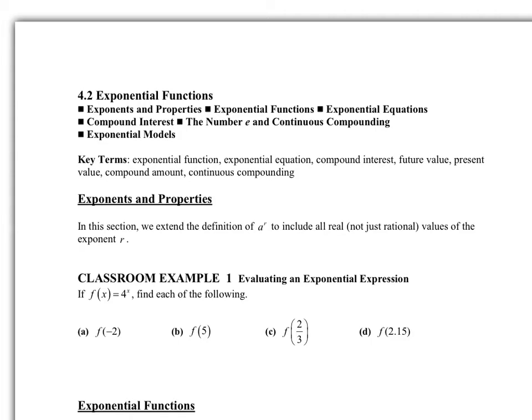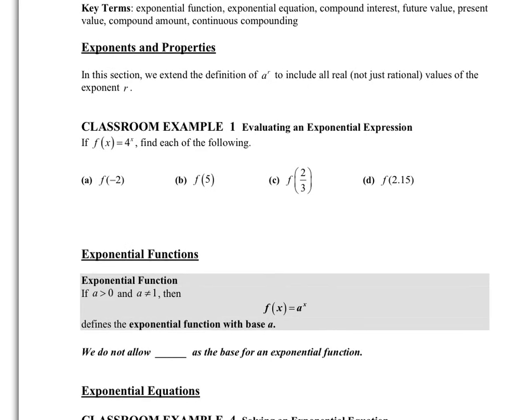Now, what we're going to do is to make sure that we understand how to evaluate exponential expressions. If you look at this first example, it's pretty basic. All we're going to do is substitute the value of x for this exponent.